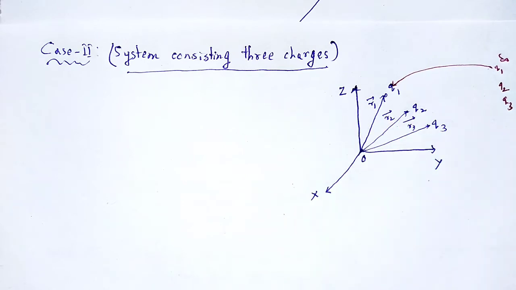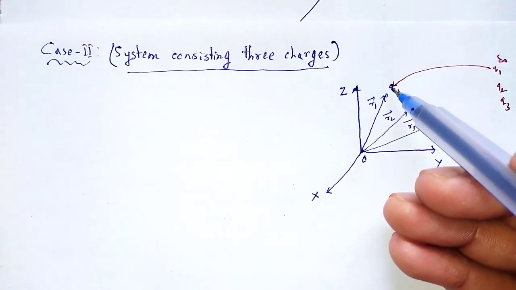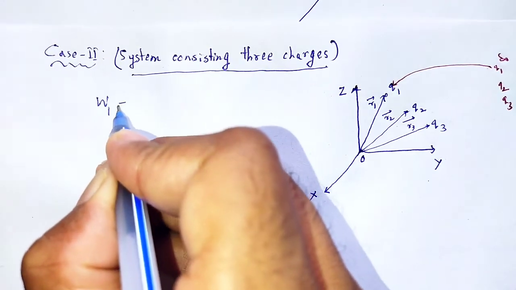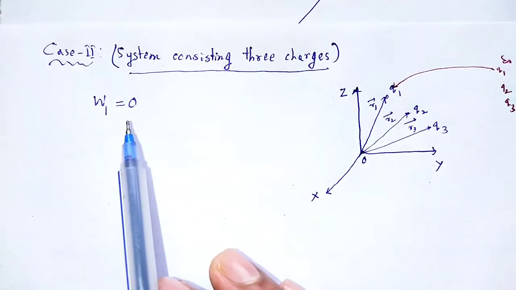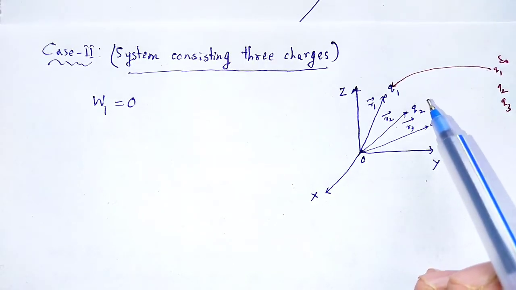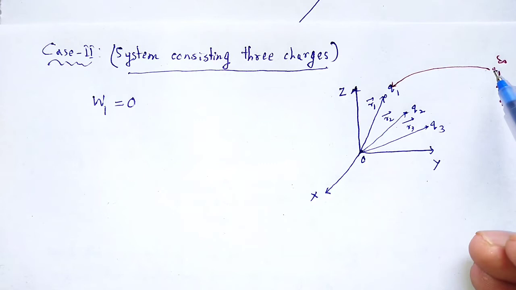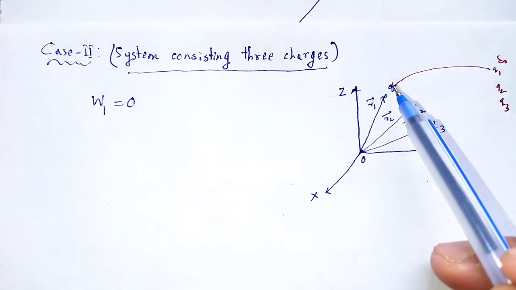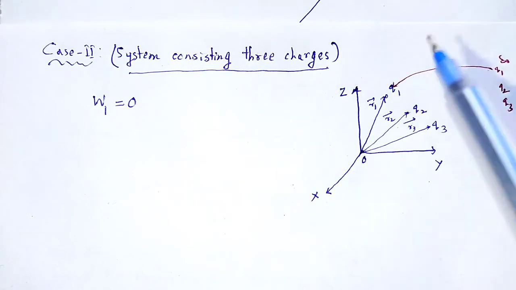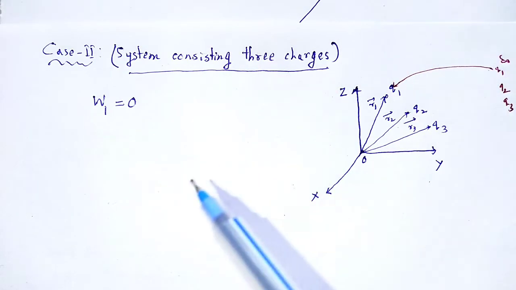So in the first case, W1 is equal to 0. What is W1? W1 is the work done in moving the charge Q1 from infinity to its respective position. The work done will be 0, since there is no existing electrostatic force.